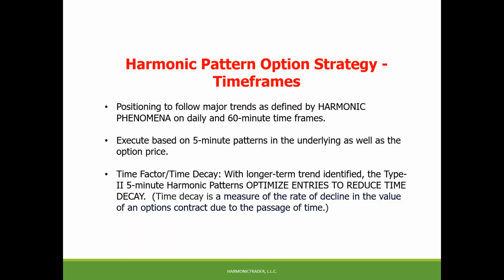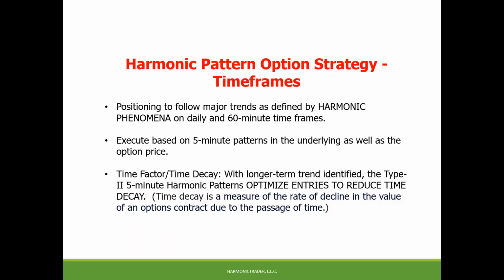And just be aware that one of the reasons why options are so difficult is that if we don't get the directional move, we're going to face that time decay, time factor with these markets where we're looking for the stocks to have a type 2. It's the primary reason why your 5-minute patterns mostly need to be type 2 situations, or at least big type 1s with confirmation.